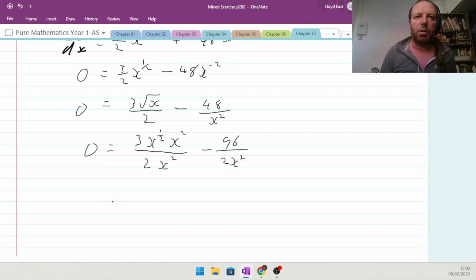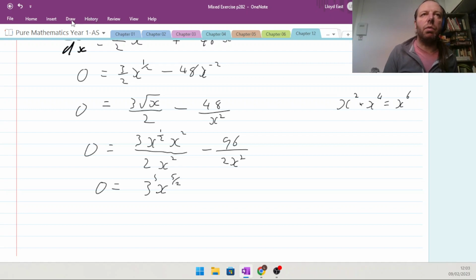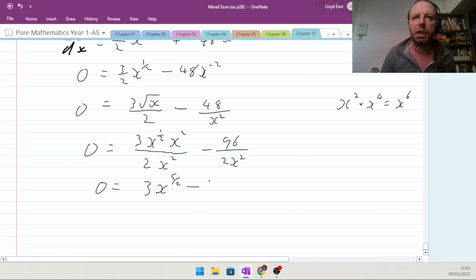So with that all done, we can multiply out by the 2x squared, so 0 equals 3. Now then, the square root of x times x squared: if we were doing x squared times x to the 4, we would have x to the 6. You just add them up. So we have 2.5, which we can write as 5 over 2, x to the 5 over 2, minus 96.